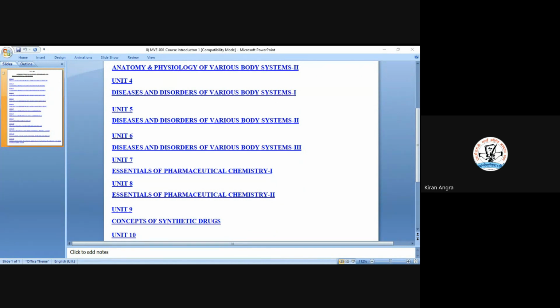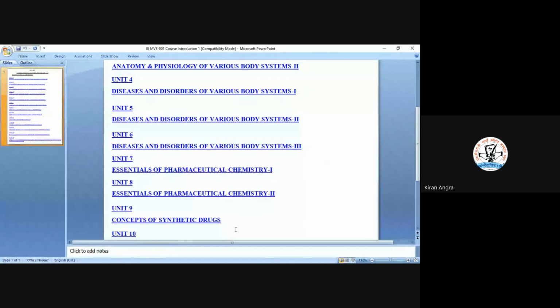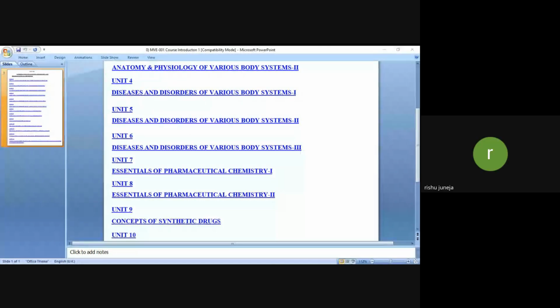My dear students, there are 13 units. Which units do you want me to take? Can you please see these units and tell me which ones I will take up? Ma'am, essentials of pharmaceutical chemistry and synthetic drugs and pharmaceutical chemistry, unit 7, 8, and 9, ma'am, are particularly linked to pharma.